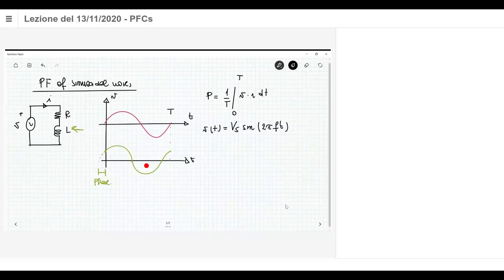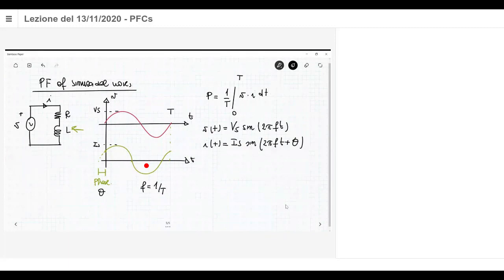The current has a peak which is Is, sine with the same frequency, f is 1 over T, plus the phase theta.